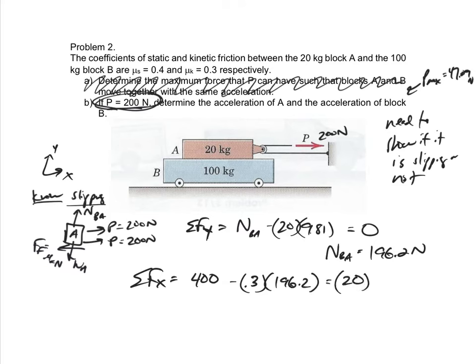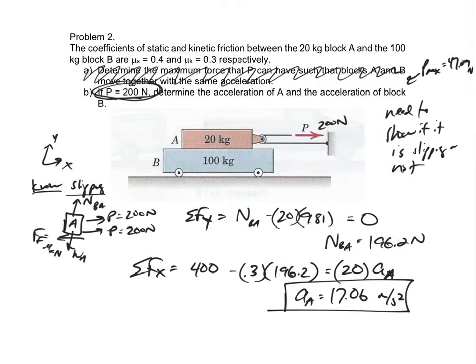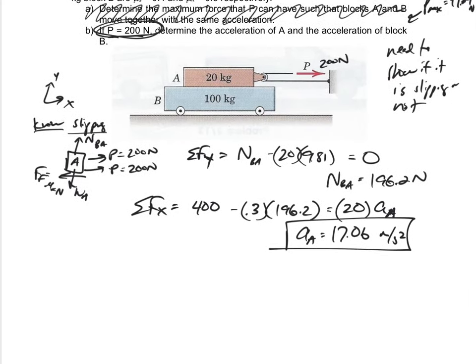I'm only looking at the free body diagram for A, times the acceleration of A. This is just the acceleration of A. So the acceleration of A would be 17.06 meters per second squared. All right. So that is the acceleration of A. Now I need the acceleration of block B. So let me draw the free body diagram for block B.